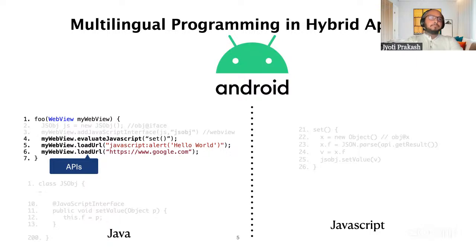And then there's another API called loadUrl, which allows you to load any URL, maybe any public website or an HTML file which is packaged with the app.